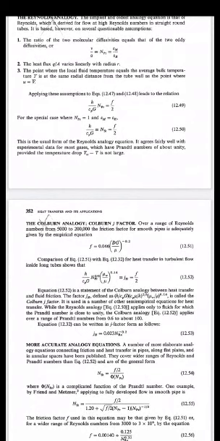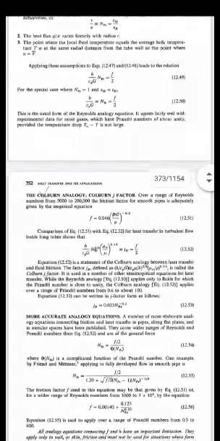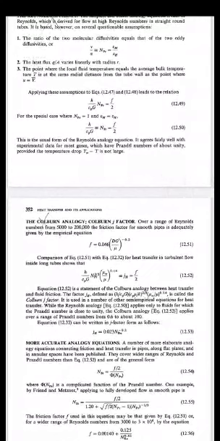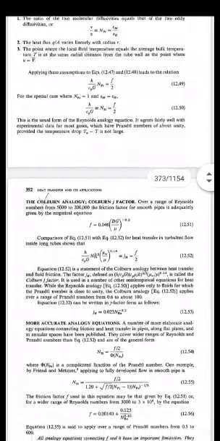Now, for a Reynolds number between 5,000 and 2 lakh, the friction factor for a smooth pipe is adequately given by another analogous equation, that is f is equal to 0.046 (DG/mu) raised to minus 0.2.